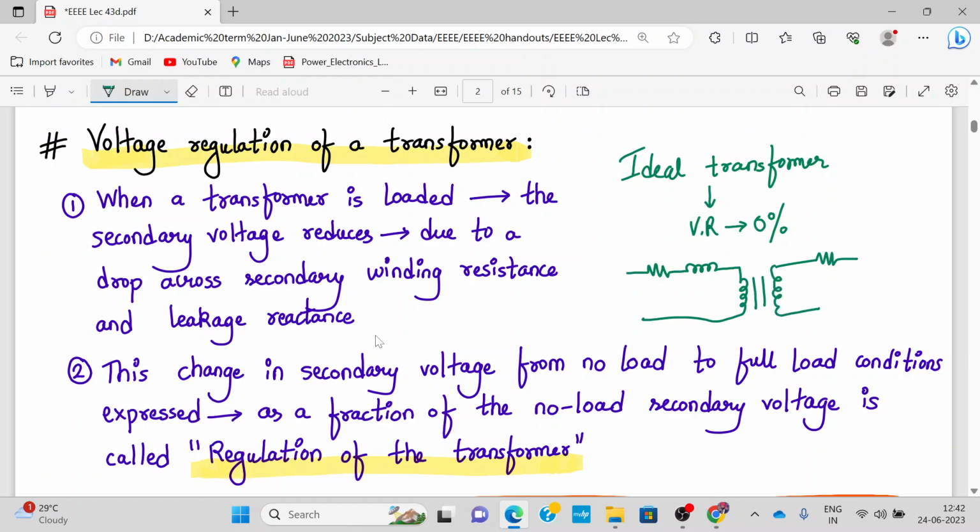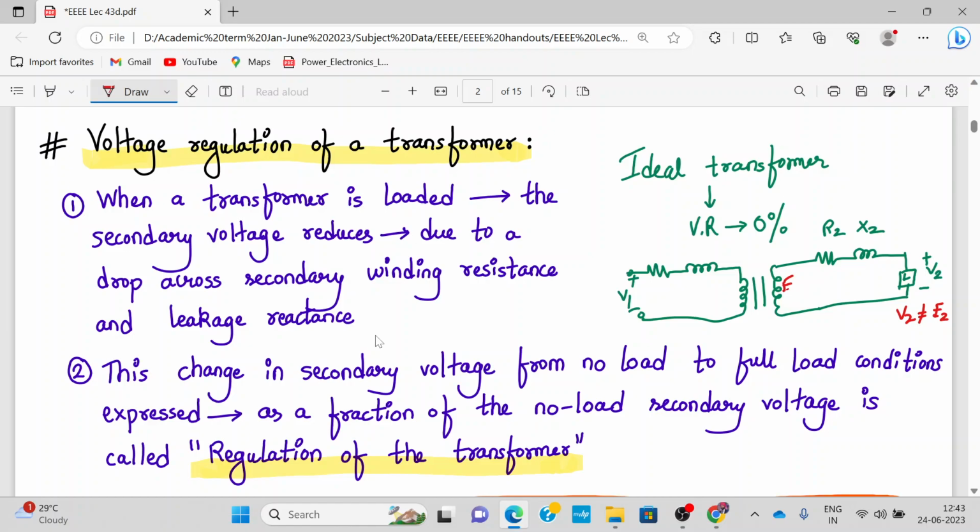Now let's say it's connected to a load. This is the load L. This is the secondary voltage. This is R2 X2. This is my primary voltage V1, which is AC in nature. Now the secondary voltage V2 is not the same as E2.